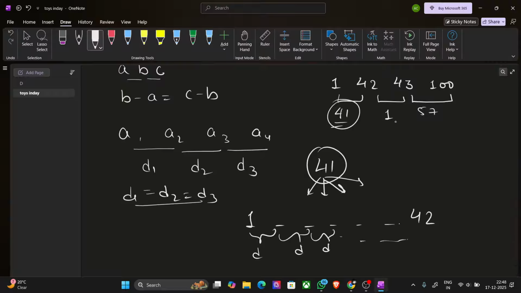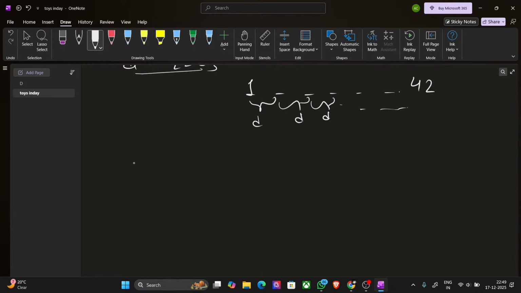And that should be the same for 1 also, and that should be the same for 57 also. Why? As we cannot change the elements themselves. So to make an AP, the difference should be common.